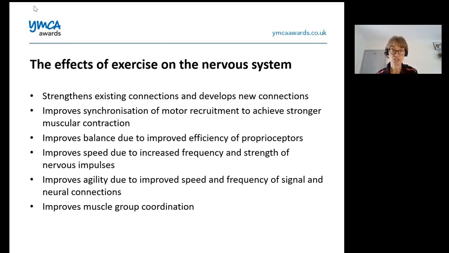We get improved agility because, again, of that speed and frequency of signal and neural connections. And we get an improvement in the coordination of our muscle groups working together. So these are all of our motor skills: strength, balance, speed, agility, and coordination.